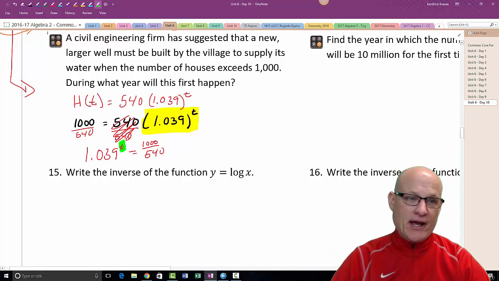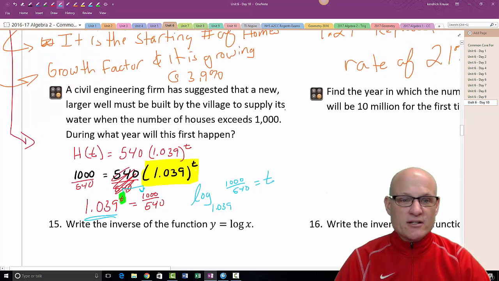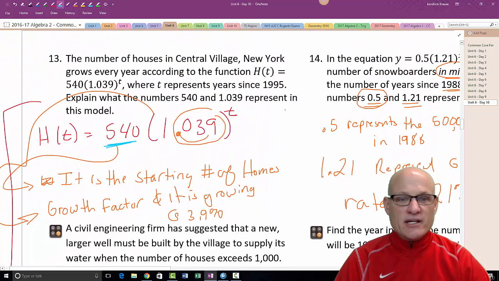And it's all about that base, about that base. So it's going to be log, here's our base, 1.039, of 1,000 over 540 is equal to t; these two things switch sides. Now let's see if we can make sense of this. In 1995, there were 540 homes.